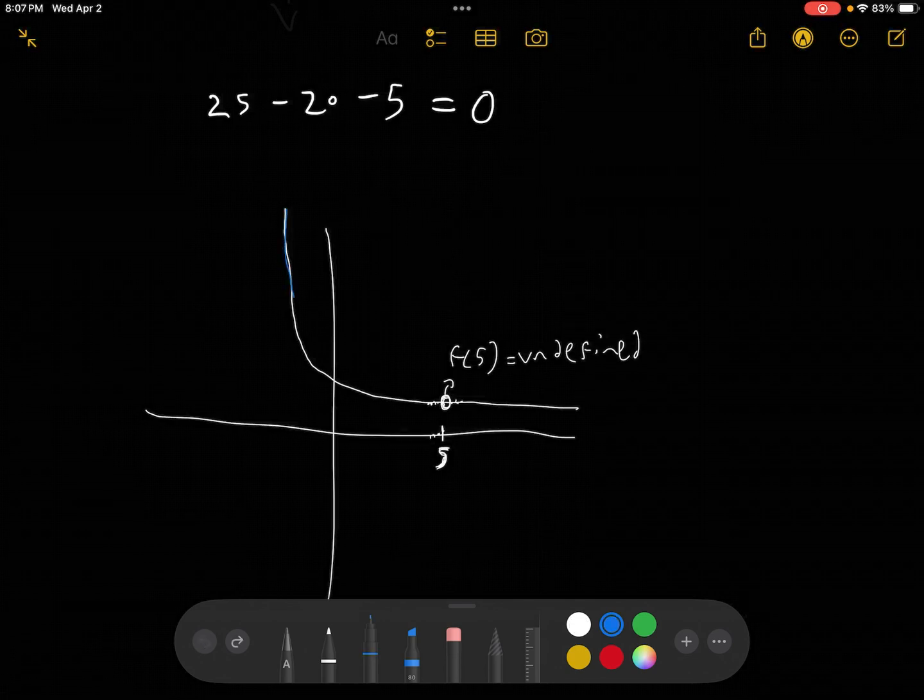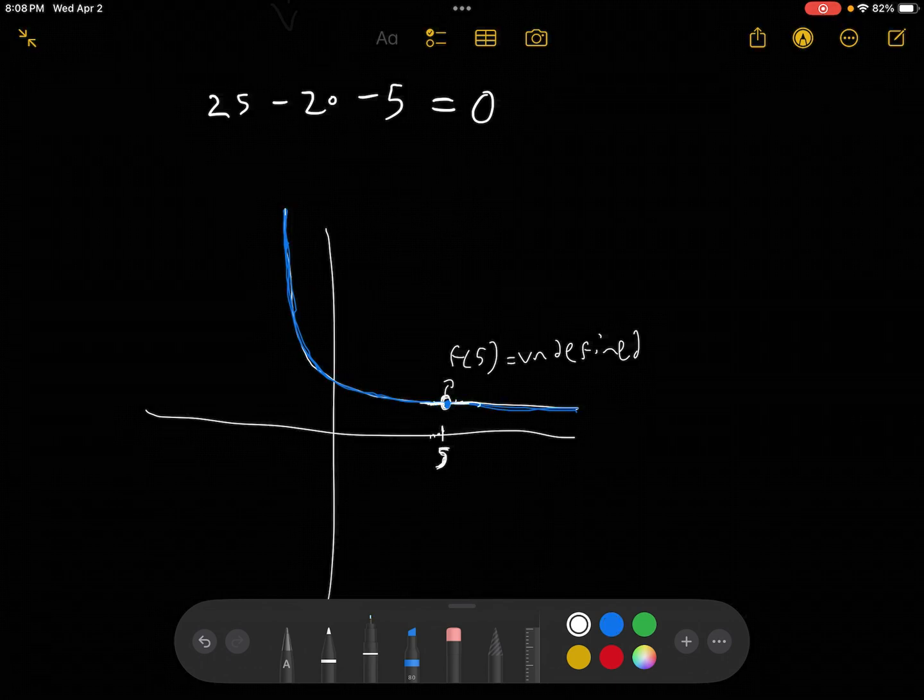So one way we could solve this problem is we can try and create a new function that looks exactly the same as f of x, but it's also defined at the point 5. And this is going to be helpful because it's going to be a lot easier to compute the limit at 5 of this new function, since it will just be the value of the function at 5.